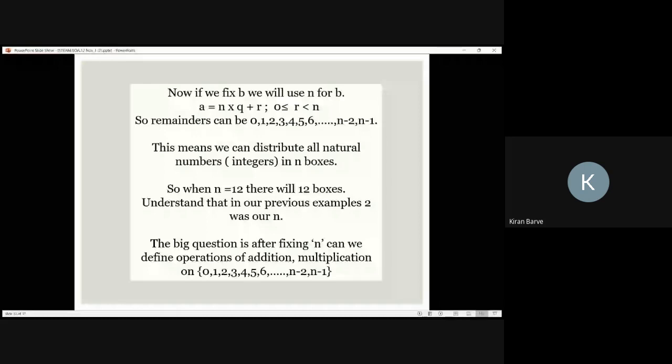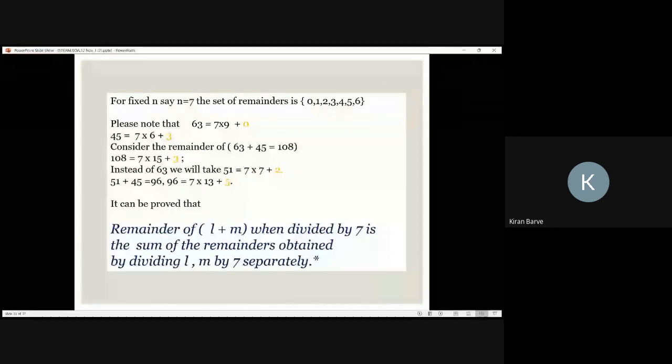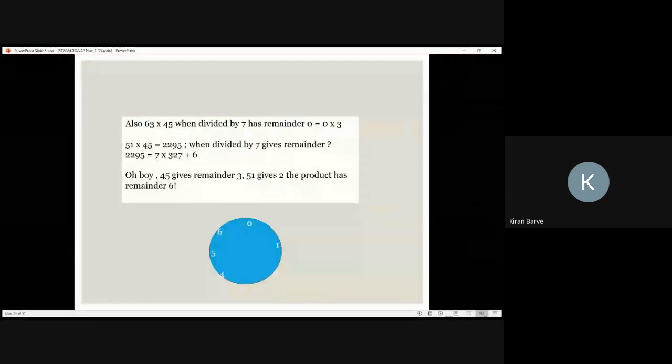Say, suppose I fix 7. I will divide every integer by 7. What will be the remainders? Either 0 or 1 or 2 or 3 or 4 or 5 or 6.